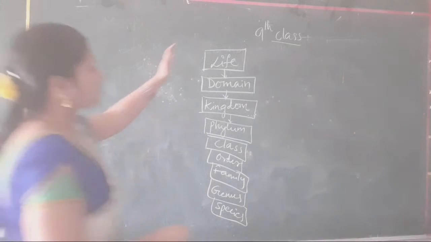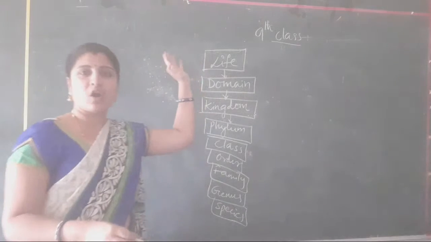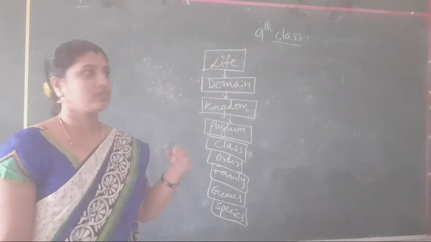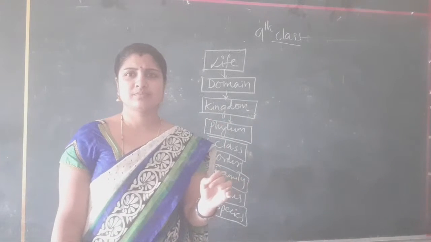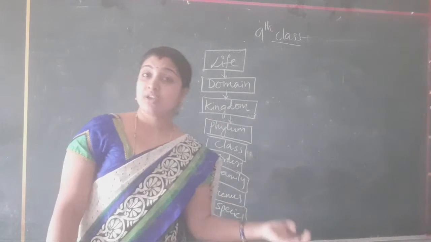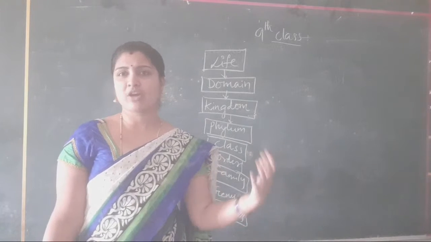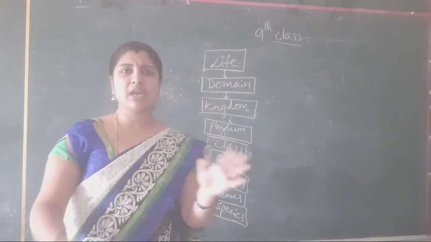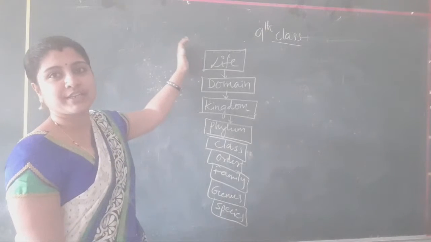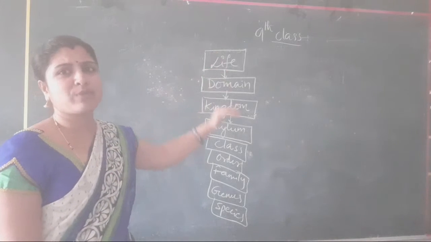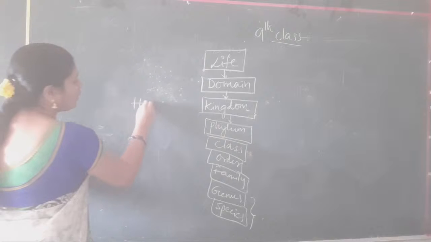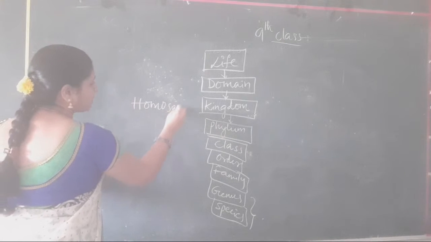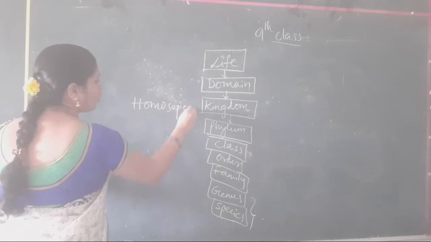So life means all living organisms, each and everything, starting from animals to microorganisms. The organisms which have life are present here. Based on their characteristics, they have been divided. So the last one is genus and species. We call ourselves Homo sapiens.